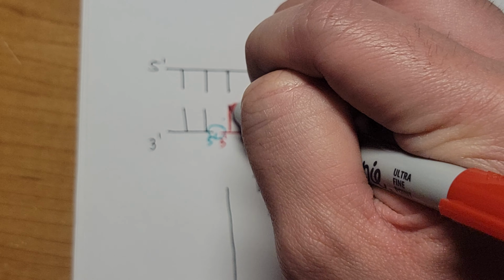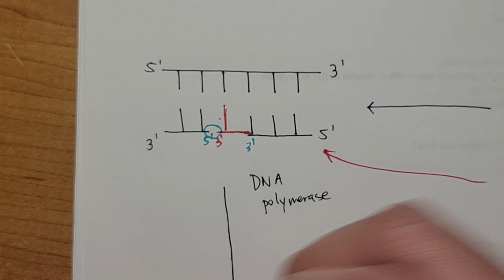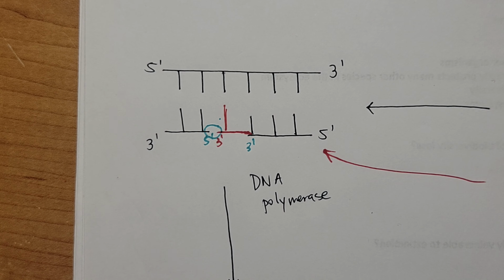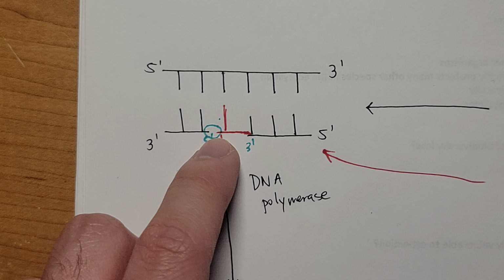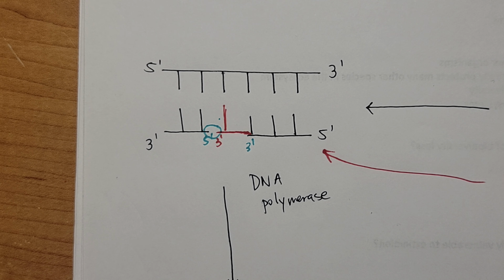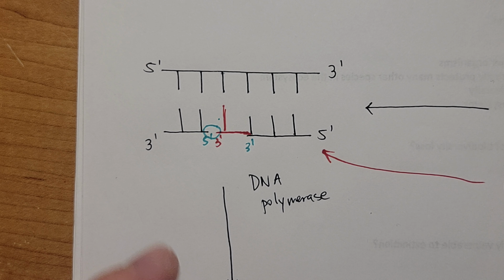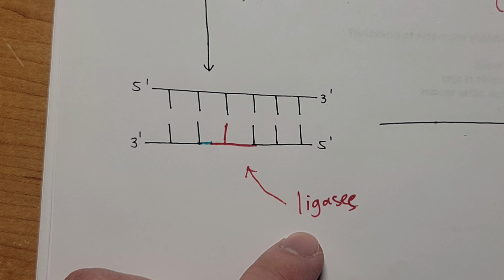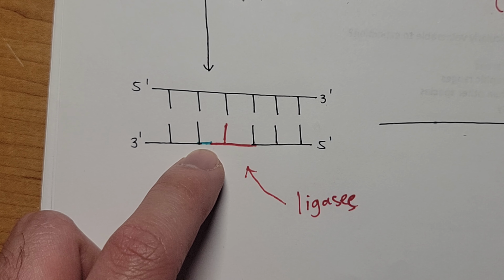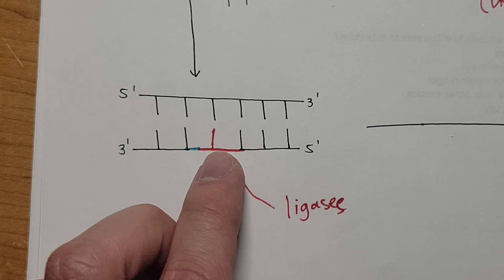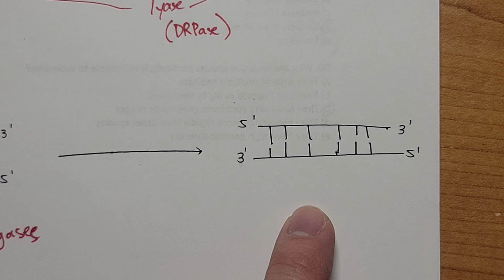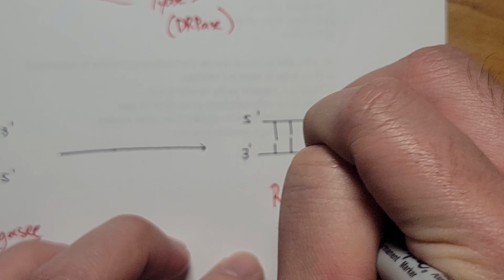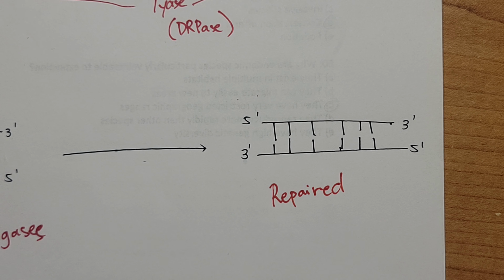Let me just complete that. So DNA polymerase can now elongate it, but remember, there will be a point over here that it will have to stop because it cannot elongate further. So to seal that gap over there, lyase has to come in to seal the gap within the phosphate backbone. Once it seals it, your DNA is now repaired. And that is base excision repair.